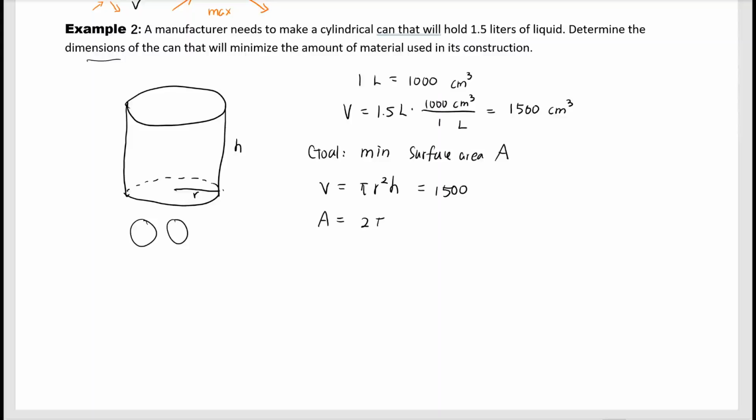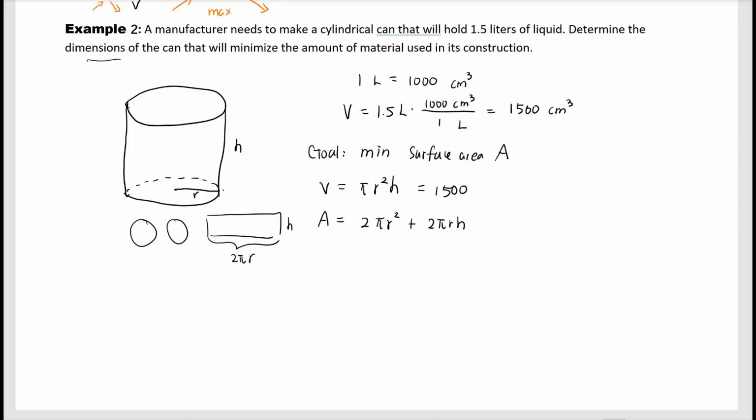So 2 copies of area of circle, pi r squared. And when we cut it and open it, the sides, we actually get a rectangle with the length is the circumference of a circle, 2 pi r, and the width is the height h. So that's why this rectangle is length times width, 2 pi r h.